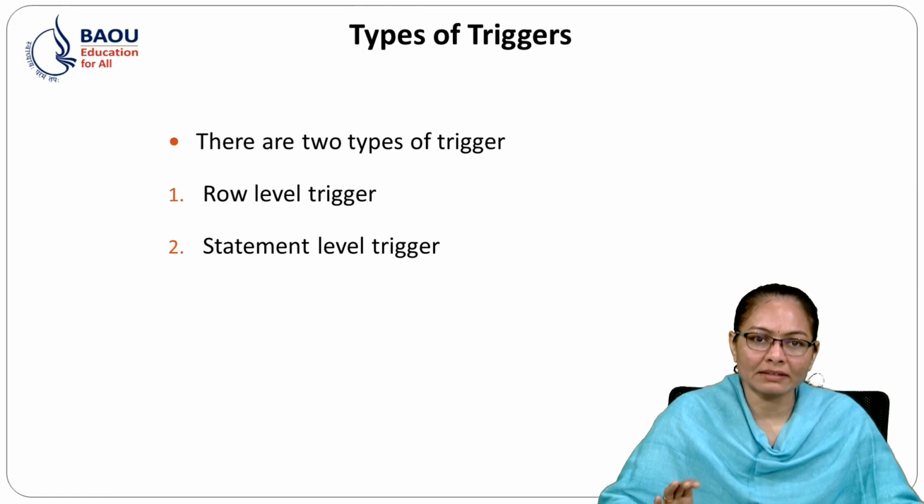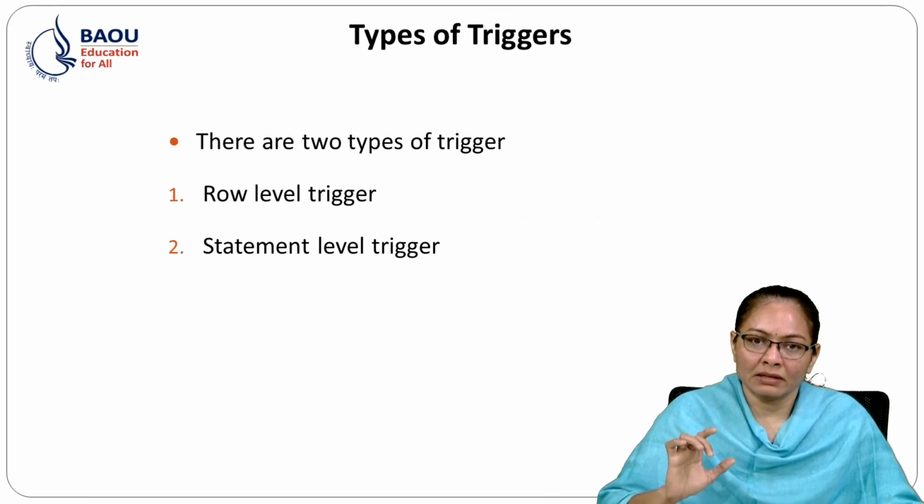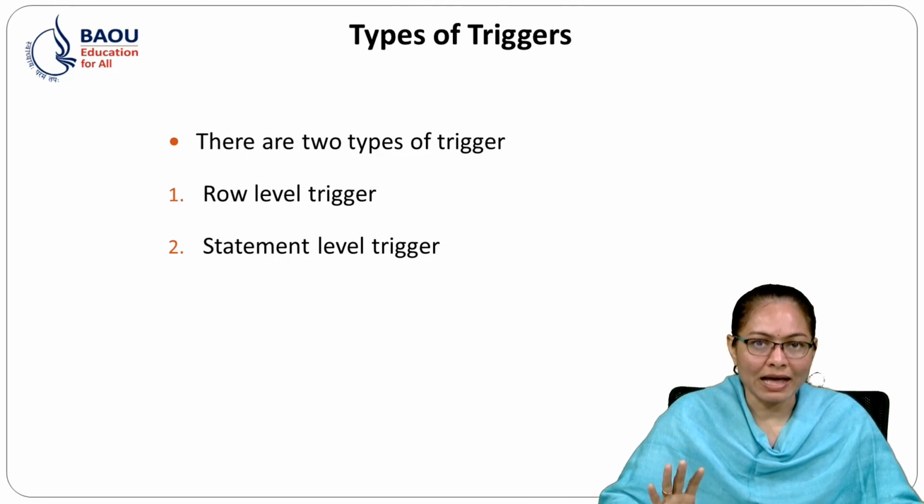In the create trigger statement, this row level trigger is created using the for each row clause. A simple example of a row level trigger: if 5 rows are to be inserted into the table, then the row level trigger would execute 5 times.